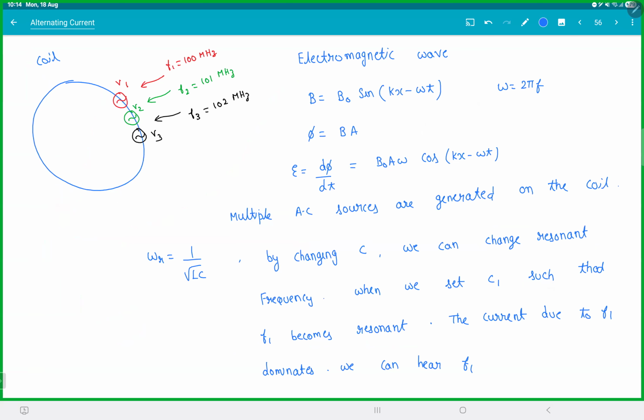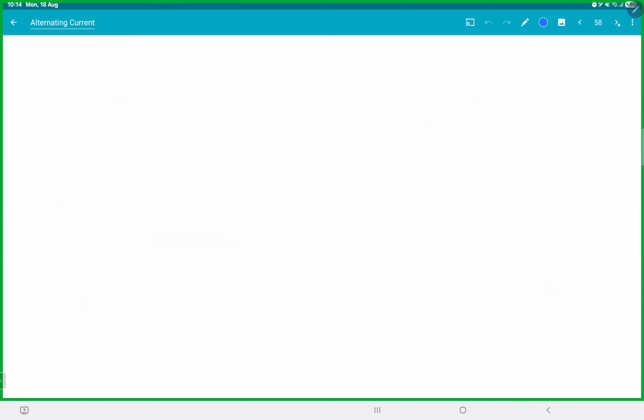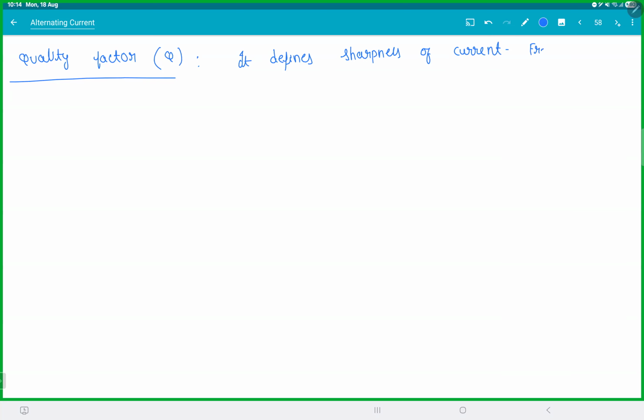Next thing, quality factor. This is removed from the portion, but still better to know a little. It defines the sharpness of the current frequency graph. So this is how it is defined.